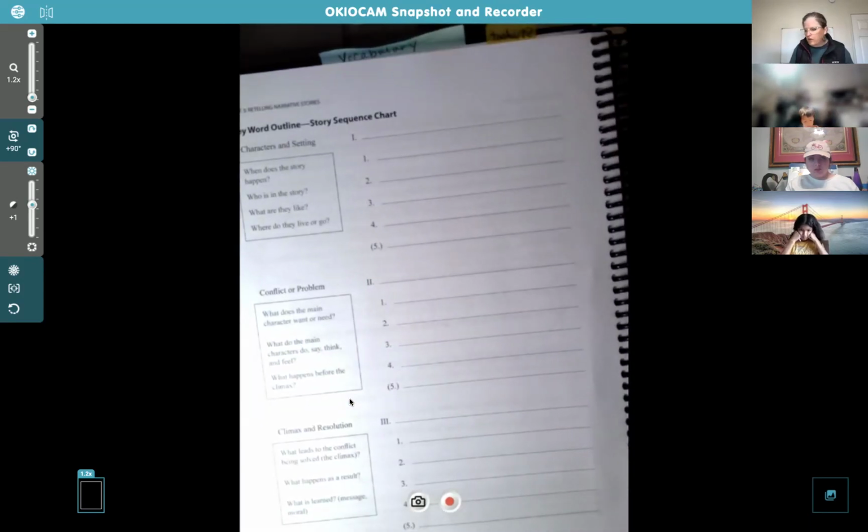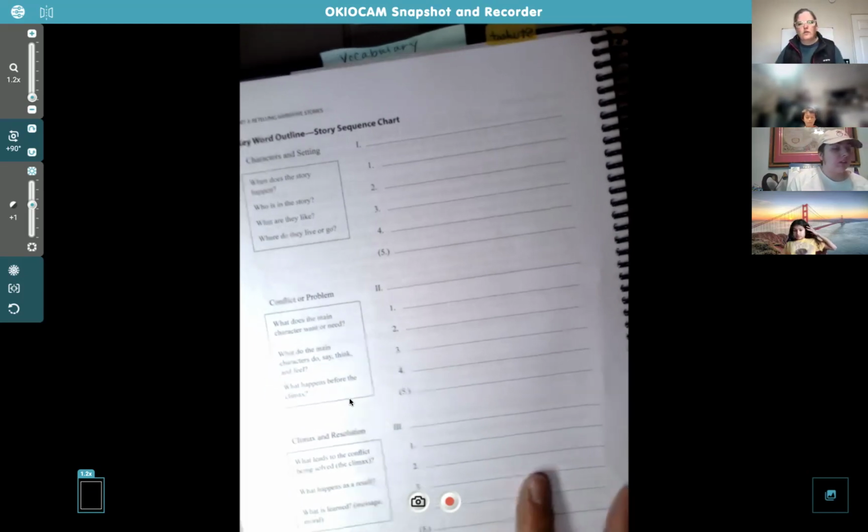All right, so we're going to move on to this story sequence chart. Remember these from last year. Some of you didn't get a chance to do the homework last week. I think you did a story sequence chart for that one too. Yeah, you did. Oh yeah, you did it for the Boston Massacre too.